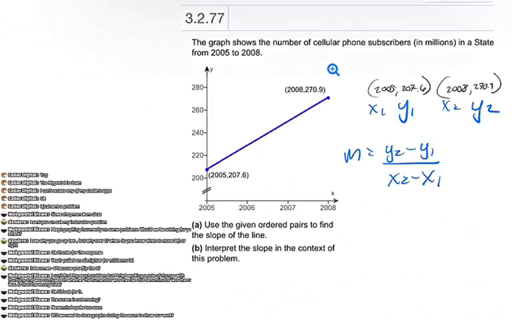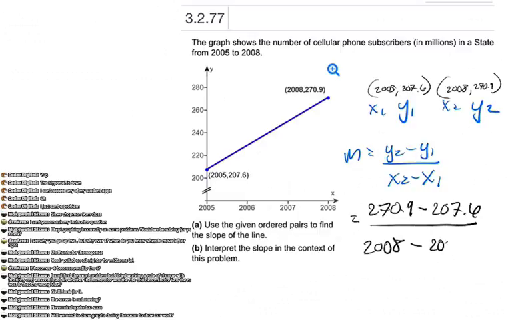Now in this context, that's going to be 270.9 minus 207.6, divided by 2008 minus 2005. Okay, so then if we keep going, I'm just going to put this in the calculator.